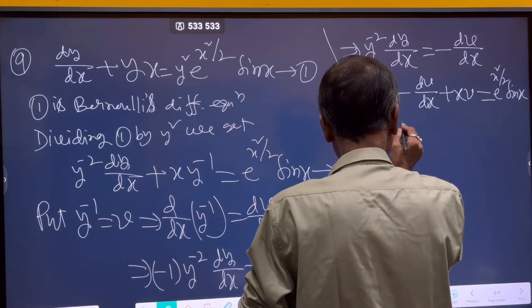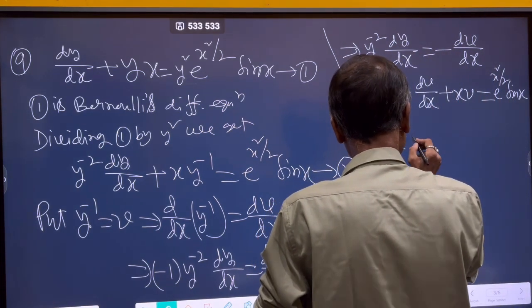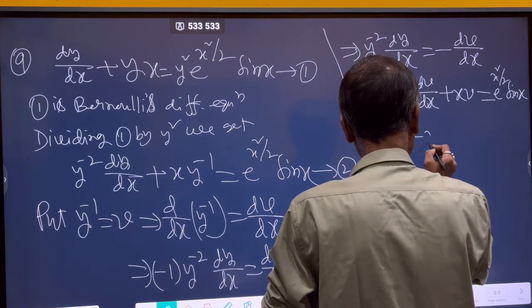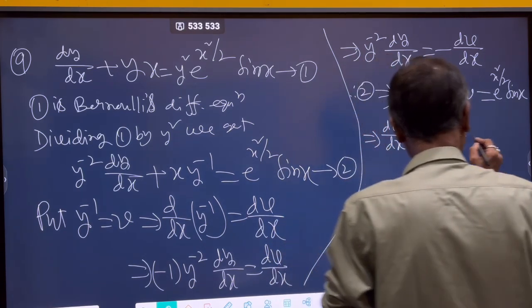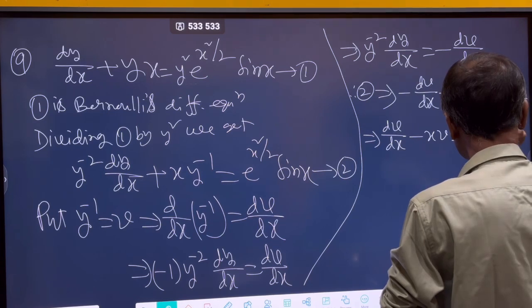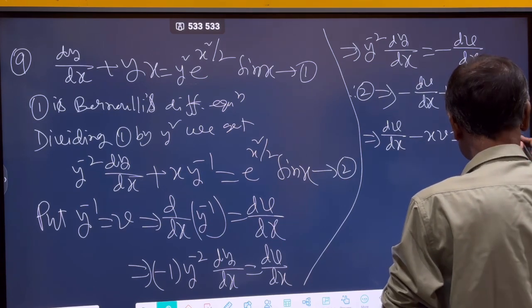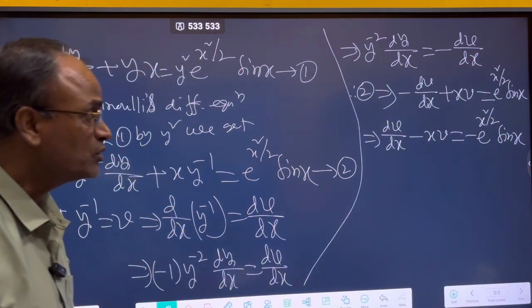Or dv by dx minus x v equal to minus e to the power x square by 2 sin x.